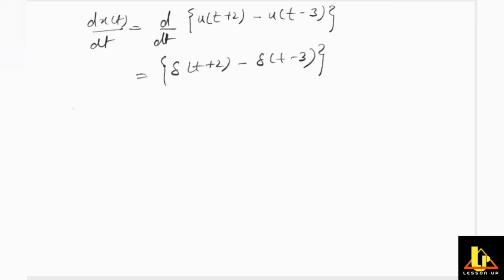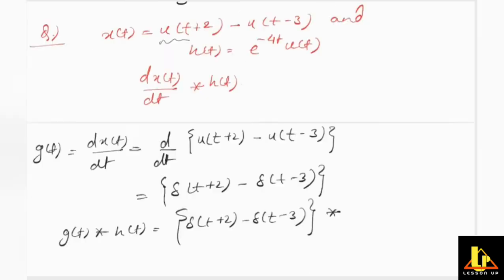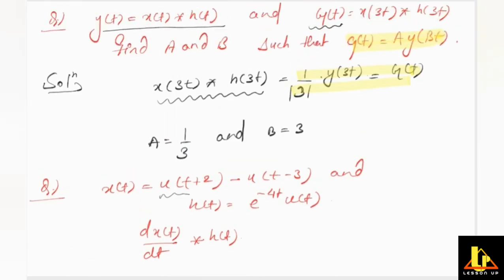And suppose this is g of t. So if we convolve g of t with h of t, you will get delta of t plus 2 minus delta of t minus 3 convolution with h of t, that is e to power minus 4t u of t.